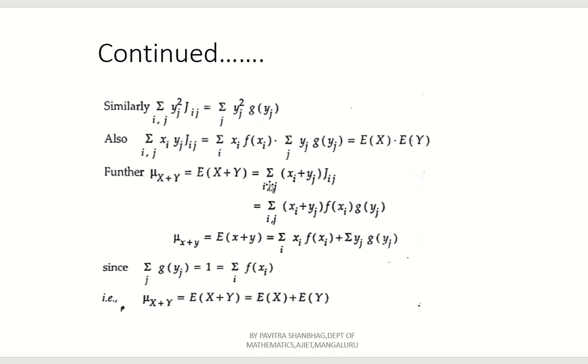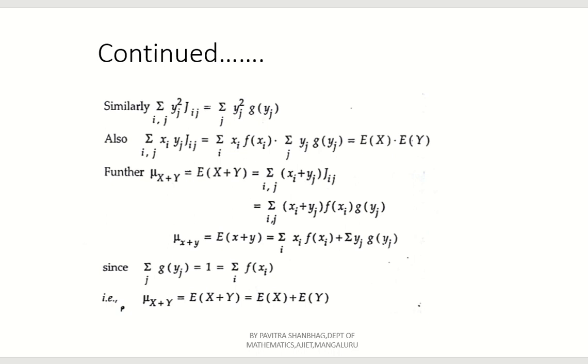Apply the same formula: summation xi plus yj into pij, where pij is f(xi) into g(yj). Now simplify: mu of x plus y equals E of x plus y, which equals summation xi f(xi) plus yj g(yj). But summation g(yj) we have already seen is equal to 1, and summation f(xi) is also 1. So we can write it in the form of E of x plus E of y.